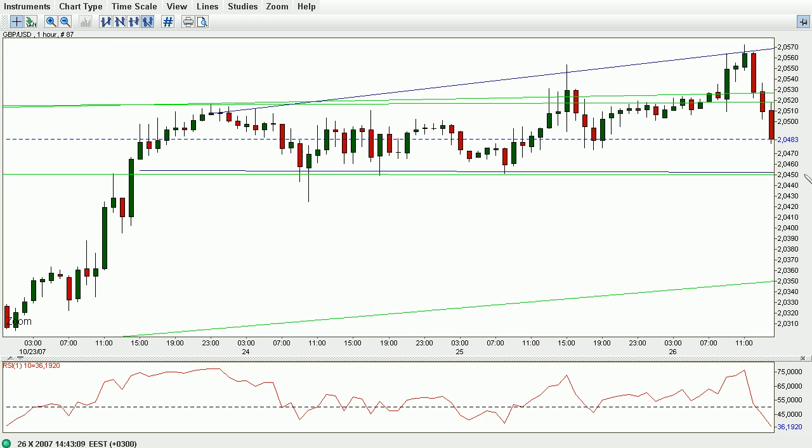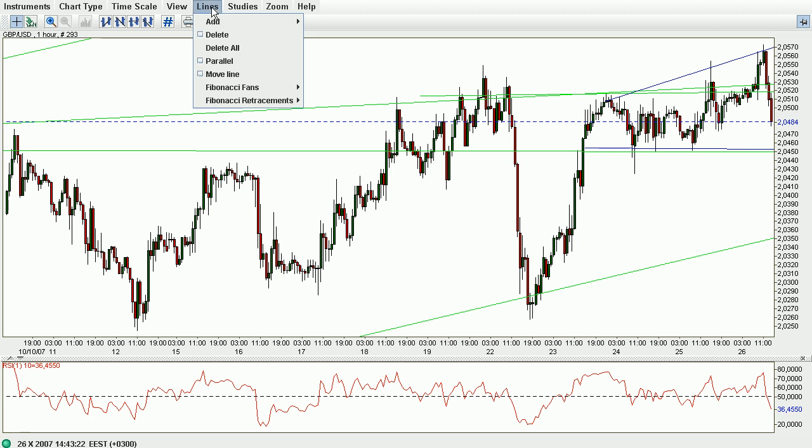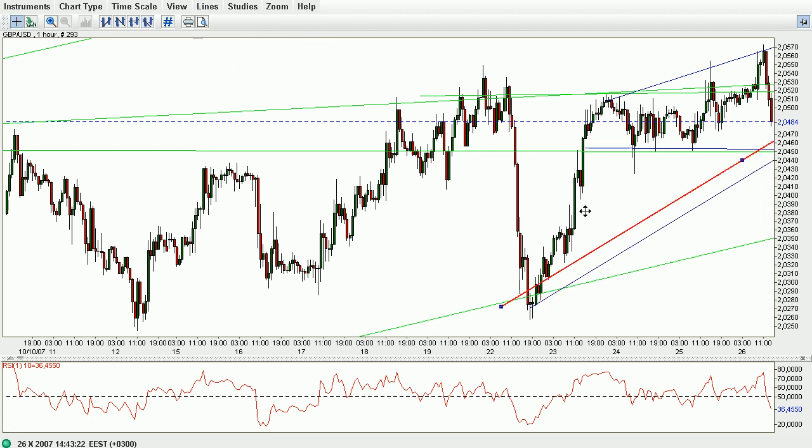This pattern is going to result in a continuation of our previous trend by definition, and the thing that we should do is just wait and see whether we have a break above these high levels here, and we may try to see how this works out if we draw a channel here.